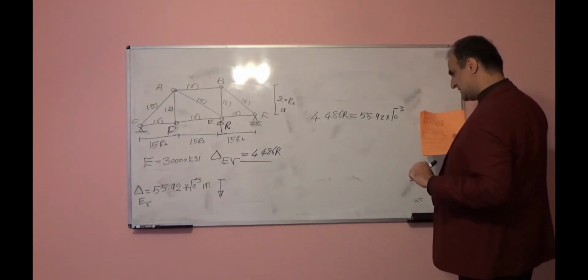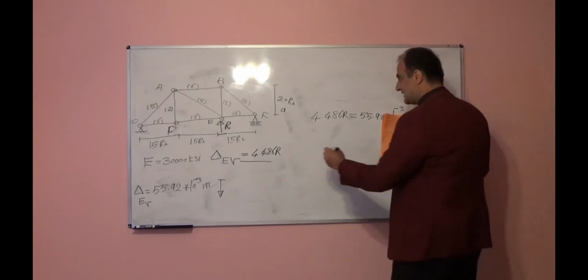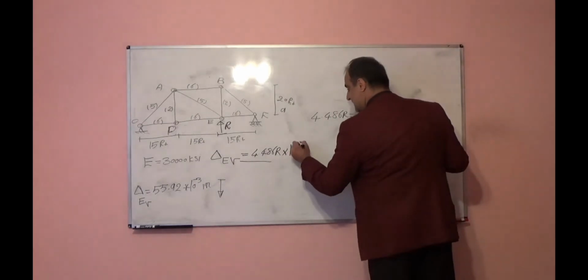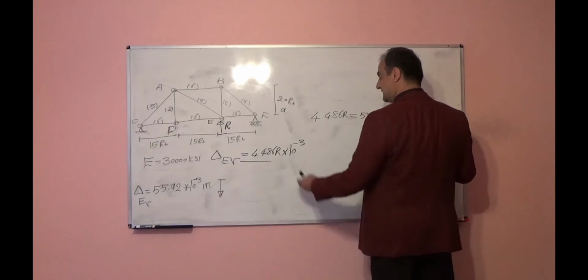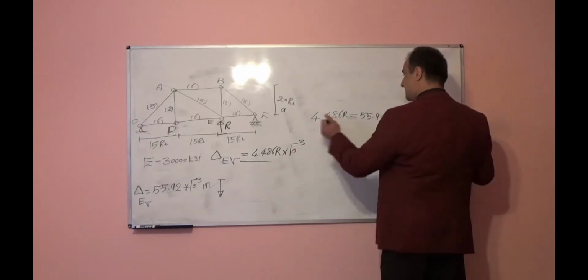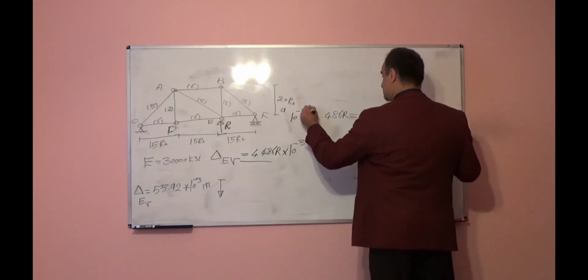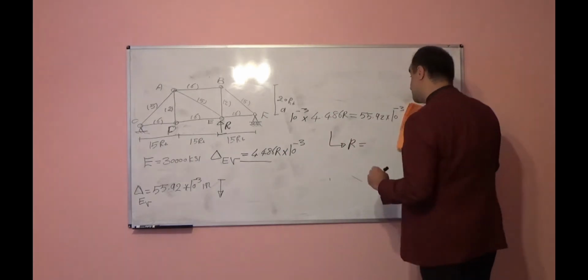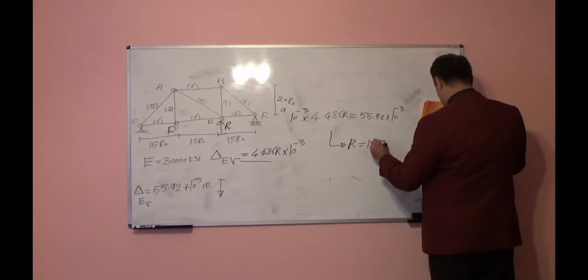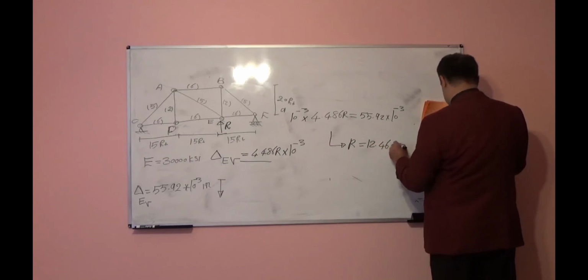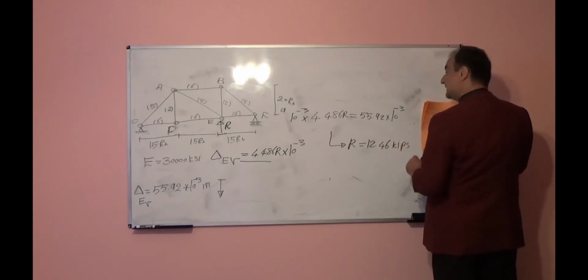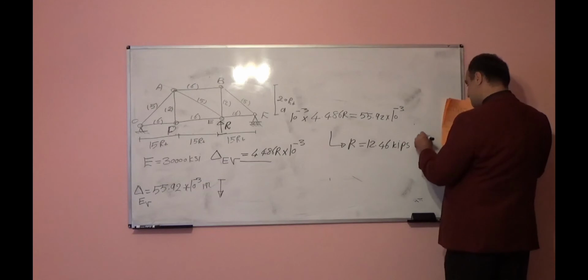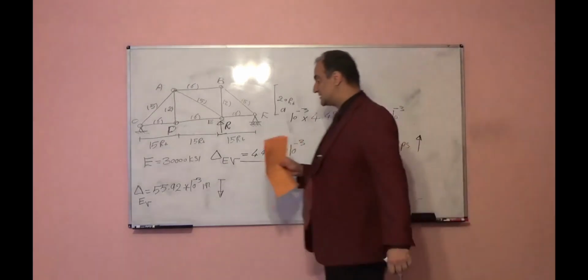Of course, here I should have another times 10 to the negative 3, sorry I dropped this. If I set this equal, from here you can find the reaction is equal to 12.46 kips. And positive means the reaction direction is upward.